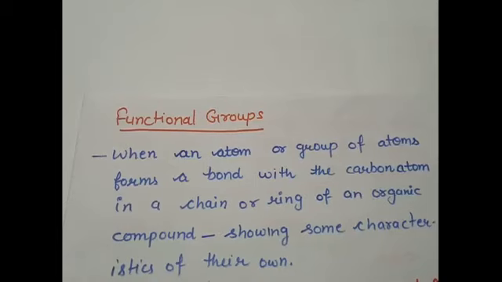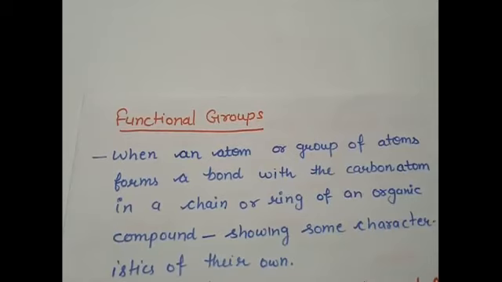That means some atom or group of atoms is combining with the carbon chain or carbon ring and showing its own characteristic properties; this group which gets attached to the carbon ring or chain is called a functional group.